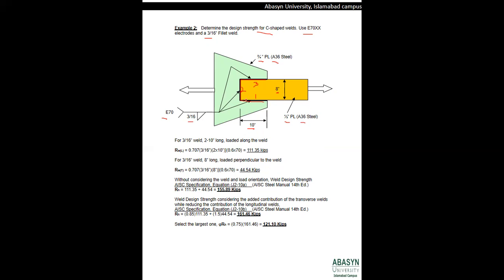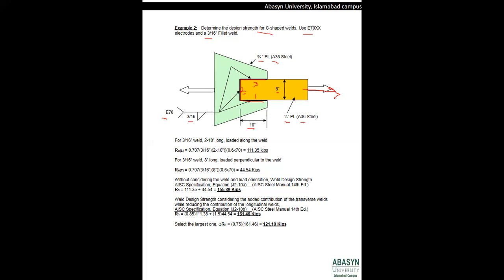Moreover, the weld of 10 inches is basically welded along the direction of the load, while the weld of 8 inches is welded perpendicular to the load applied, because the direction of the load is shown here.